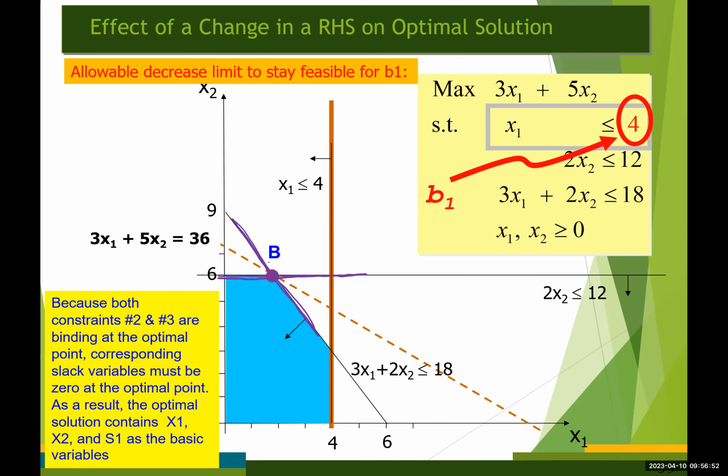So if we change the value of B1, then as long as the point where the plant number 2 and number 3 constraints are binding remains feasible, the optimal solution will still occur right here, where the plant number 2 and 3 constraints intersect.